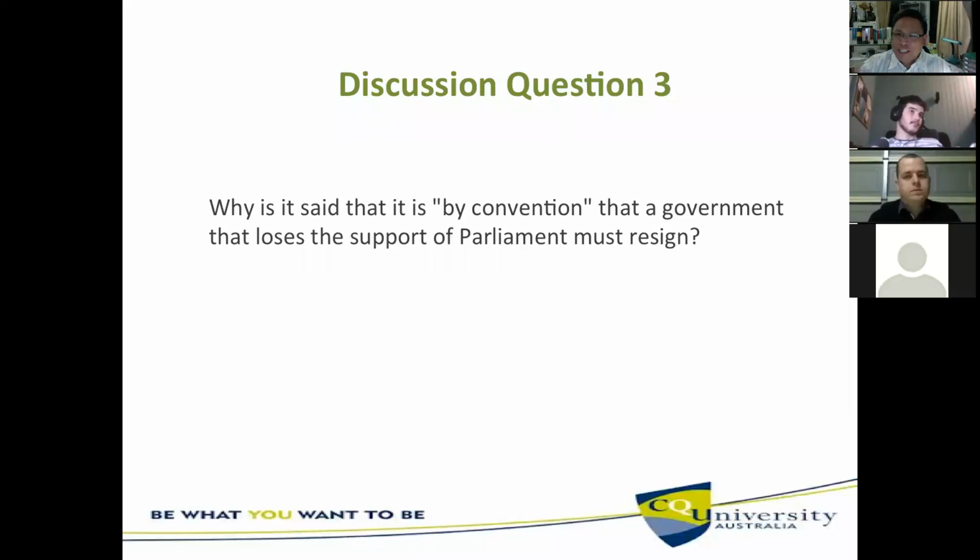But the problem typically is that it's not just a question of plurality. You need an absolute majority to be able to elect a Prime Minister.